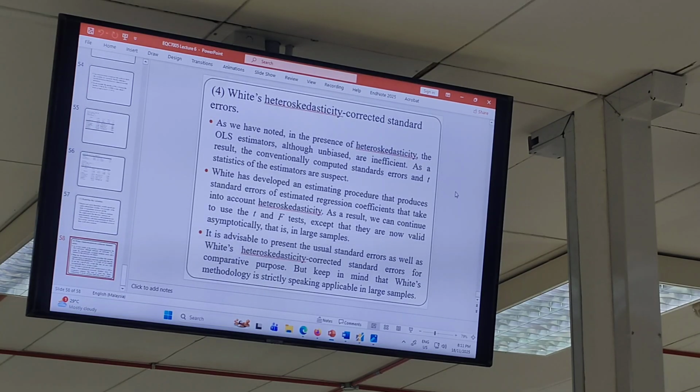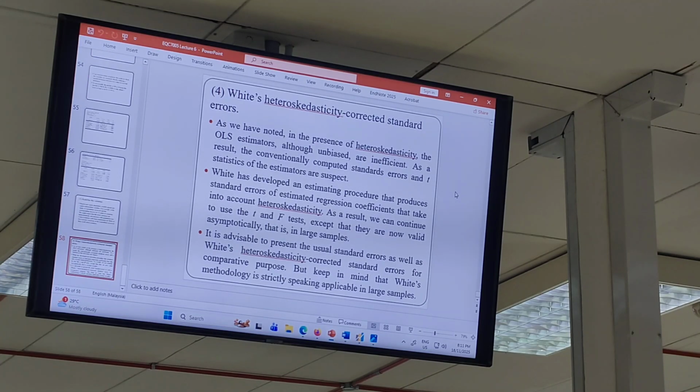And then the last one is the use of robust standard errors. So why heteroscedasticity-corrected standard errors? As we have noted, in the presence of heteroscedasticity, the ordinary least squares estimators, although unbiased, are inefficient. As a result, the conventionally computed standard errors and t-statistics of the estimators are suspect.